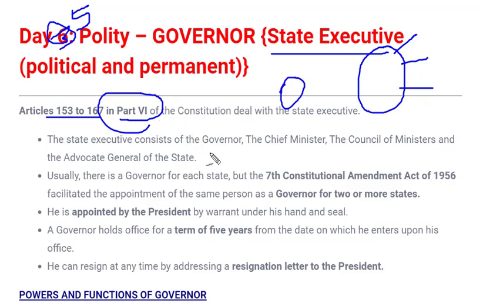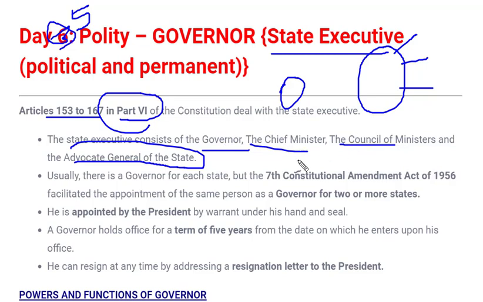In the state executive there is a governor, chief minister and council of ministers, and finally we have the advocate general of the state. Advocate general means he is the chief legal advisor of the state. We will start with governor, then move to chief minister and then finally to council of ministers.